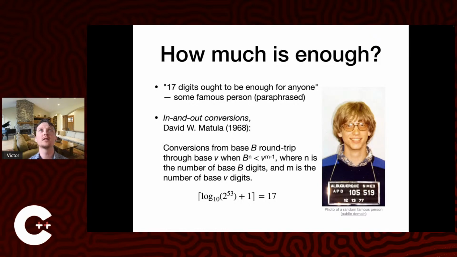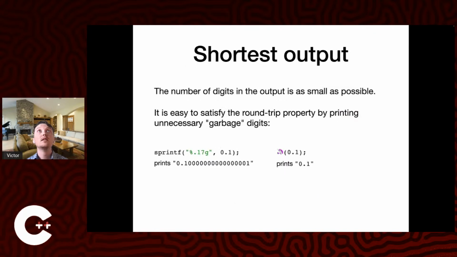So how many digits should we print to get round trip for IEEE 754 double? We need 17 digits, which is a well-known fact from this paper. The second property is shortest output.